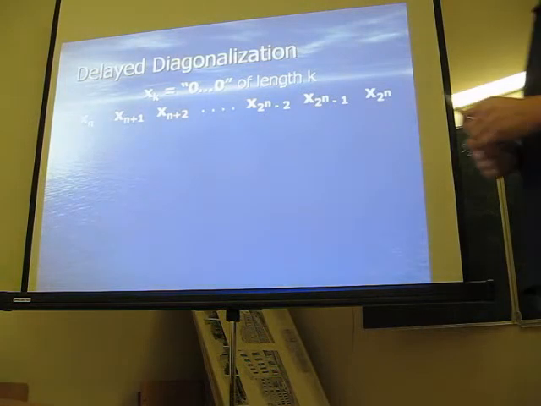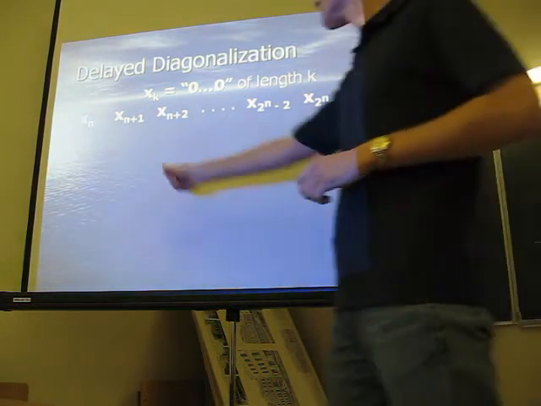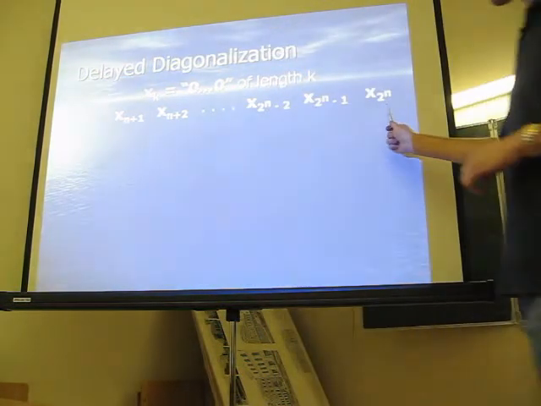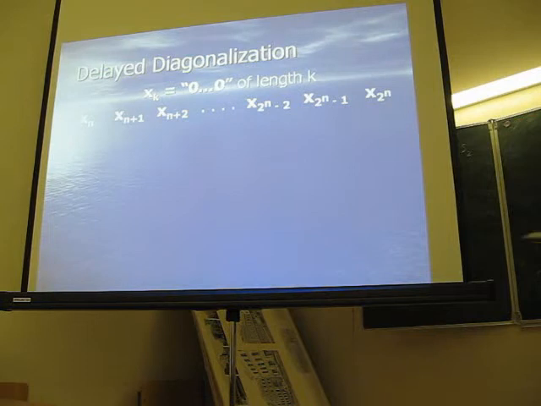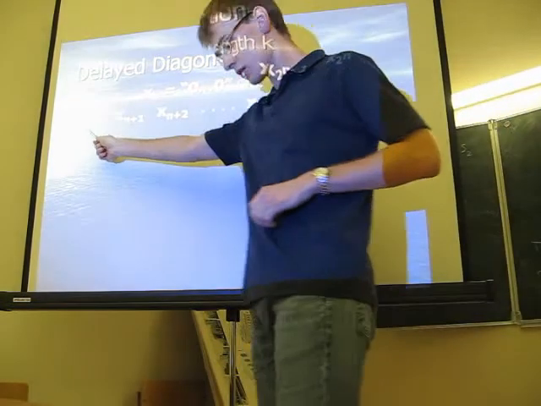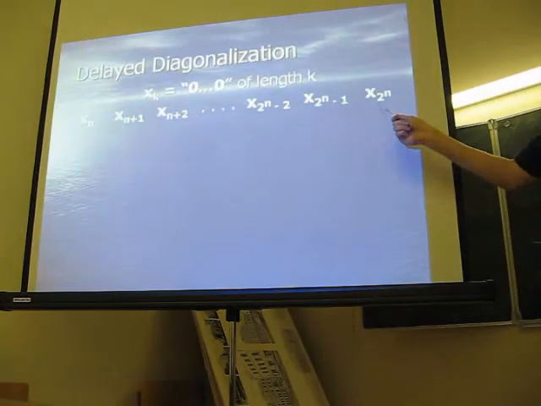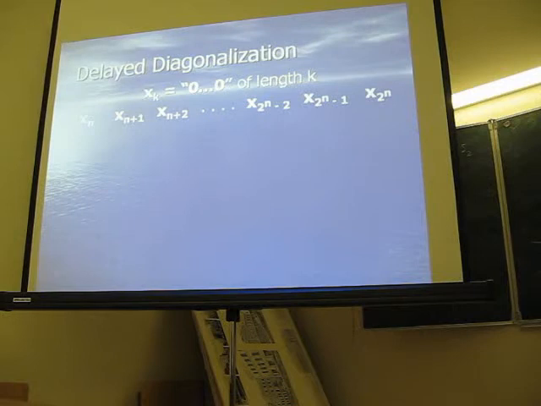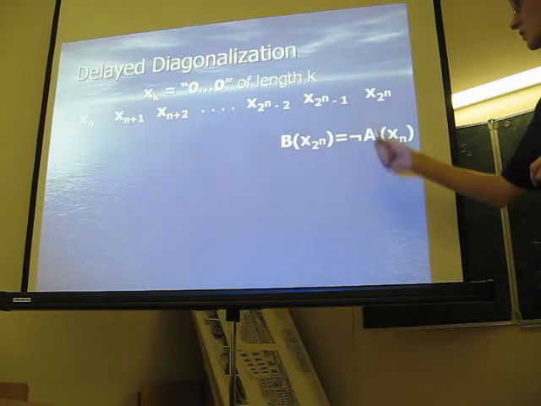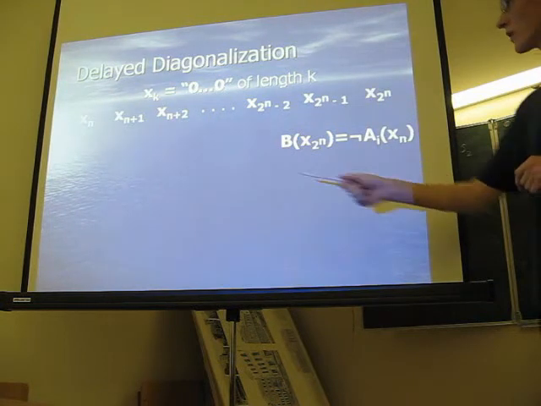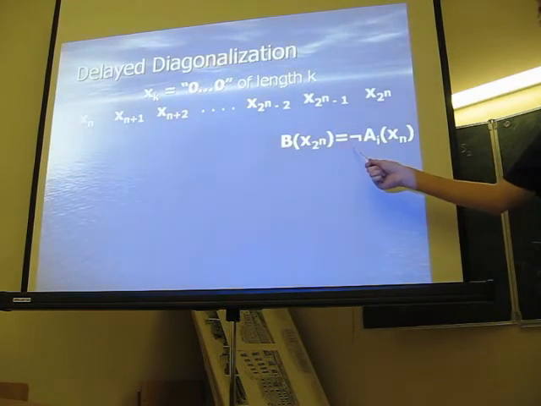And I take a big number of such strings, x_{n+1}, up to x_{2^n}. So this is a string of length n, and this is a string of length 2 to the n. Now we define B in a way that on the longest input, it simulates A_i on the smallest input and outputs the opposite answer.